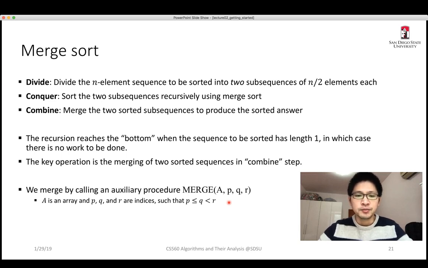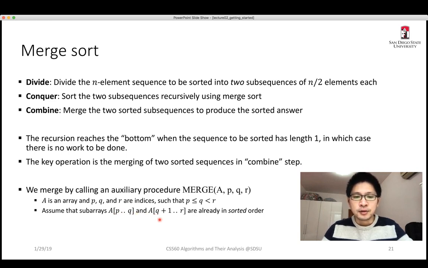We assume that the left subarray A from P to Q and the right subarray A from Q plus 1 to R are already in sorted order. So we basically divide the input array into 2 halves, and we assume that the 2 halves are already sorted.